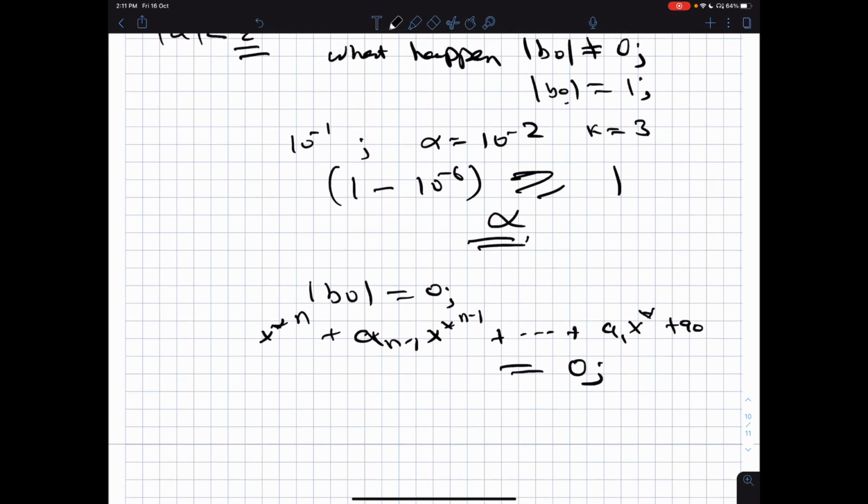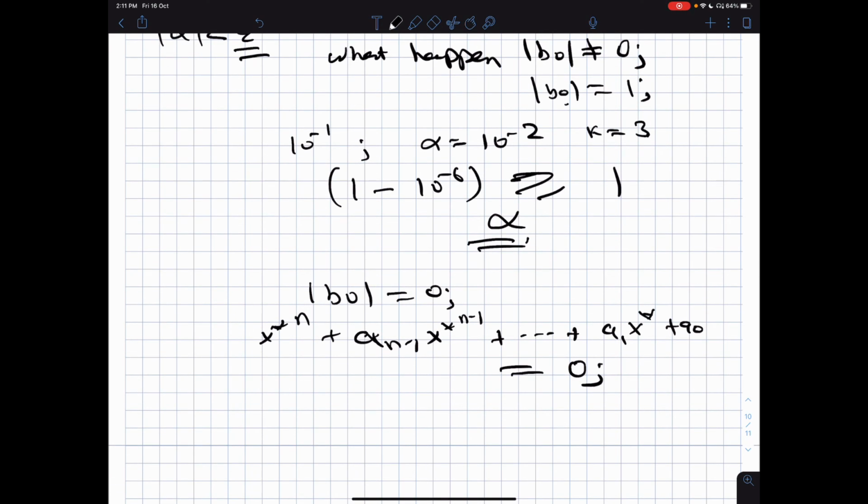So at the root, at the minimum, which happens at x star, p of x star becomes equal to 0, and that completes the proof of the fundamental theorem of algebra.